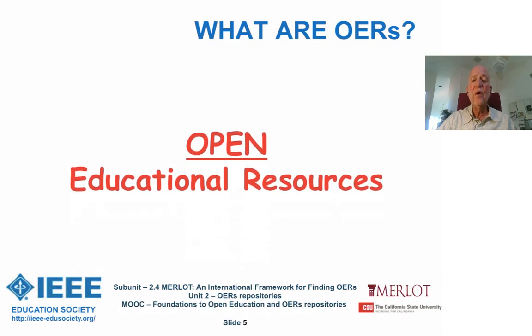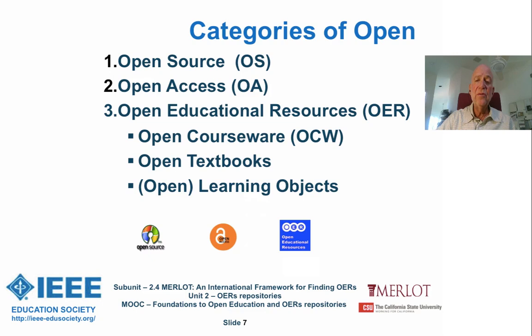So what exactly are OERs? This is short for Open Educational Resources. And when we talk about and use the word open, oftentimes it's misused. Here are three categories of open that we often talk about. Open source, or OS, as shown here, refers only to software.